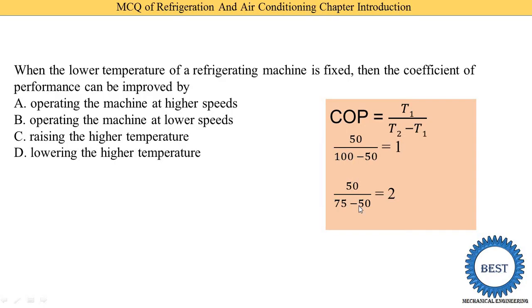So 75 minus 50 is 25, then 50 divided by 25 gives 2. So we see the COP is improved, moving from 1 to 2. How did we improve it? The higher temperature was reduced. So lowering the higher temperature, answer D, is correct.